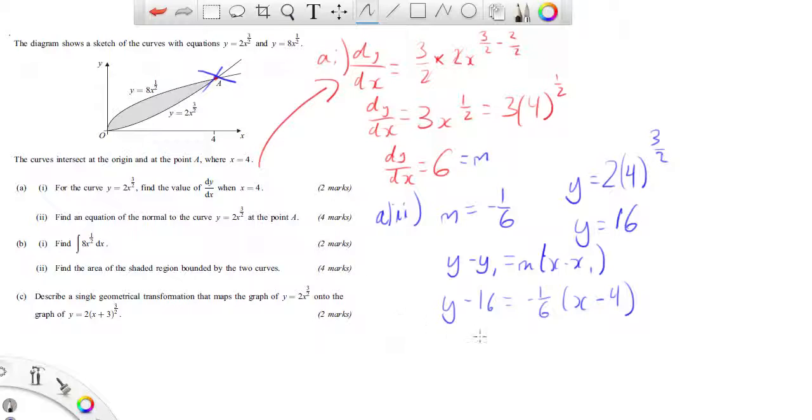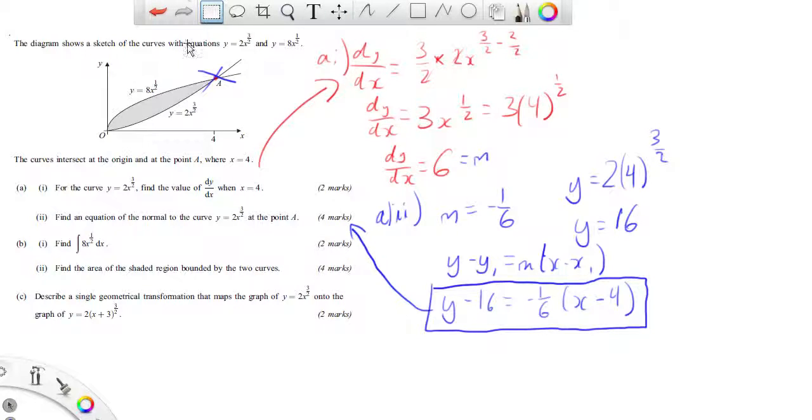And on the mark scheme, they actually have this written. So good news is we don't need to simplify this as if it were some other questions. This is our answer for part A, number 2. That's pretty awesome that we don't need to do any algebra to waste our time. We already got the full marks just by doing this nice little plugging in. So that's the answer for A2.